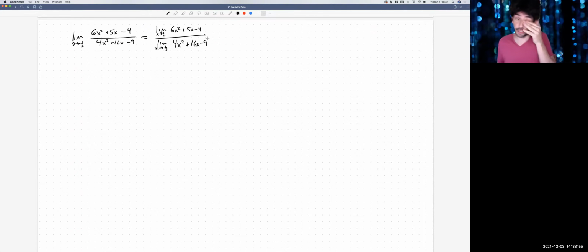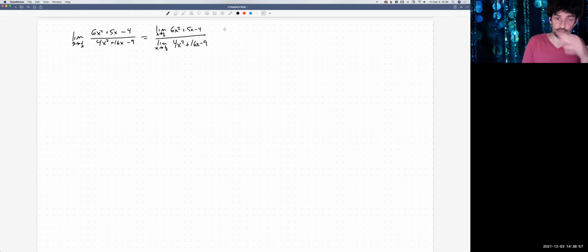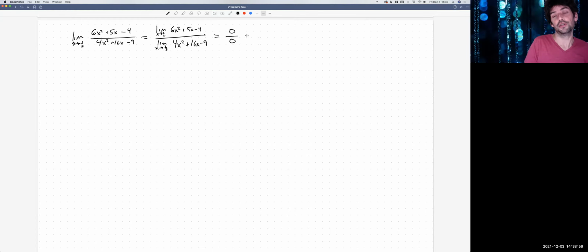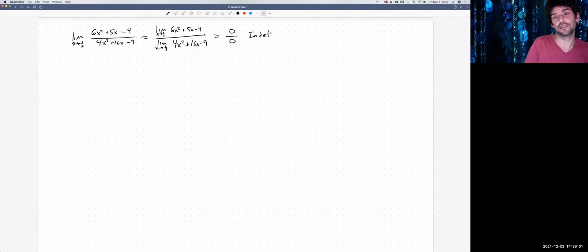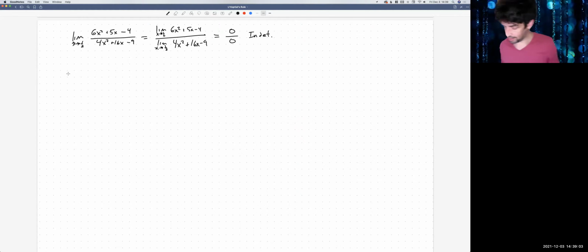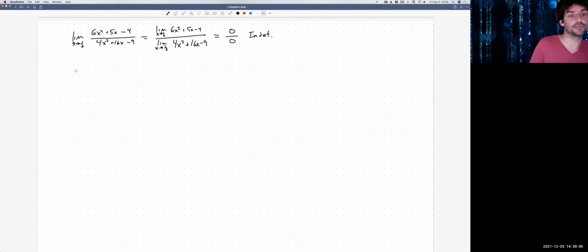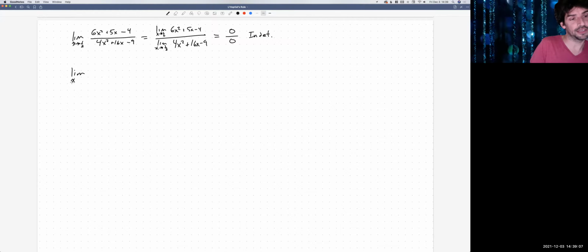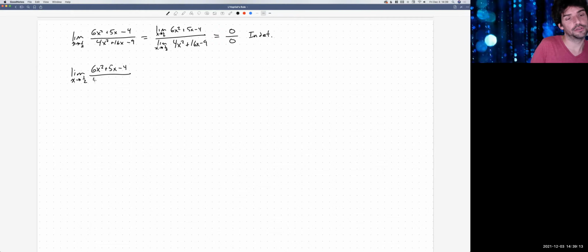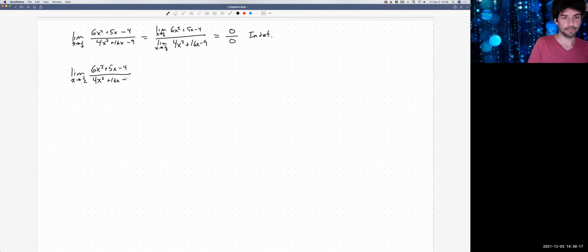And you can check for yourself, putting in 1/2 to both of these gives us a 0 over 0, which is indeterminate, which means, because it's that 0 over 0 case, I can apply L'Hopital's rule. So I will do this again. I get 6x squared plus 5x minus 4 over 4x squared plus 16x minus 9.